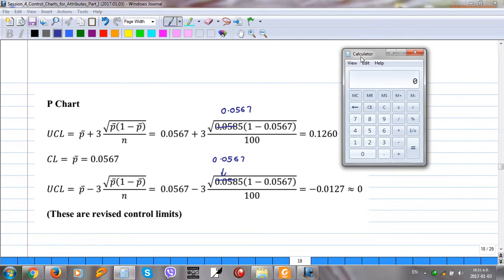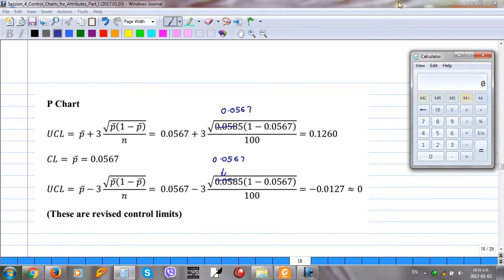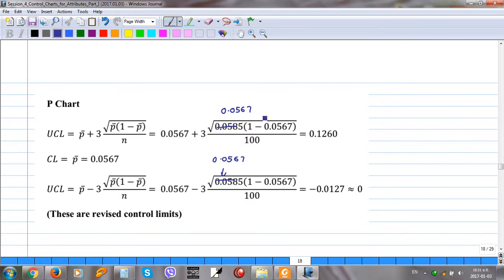So it is difficult to do the calculation using the computer, so use the calculator and check, then you can find the value. Upper control limit, here also again I wrote low, this is the lower control limit.